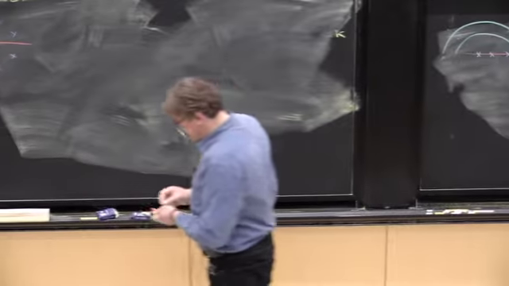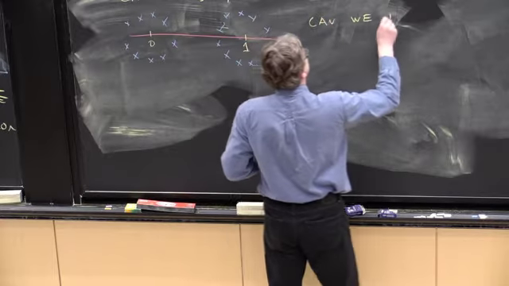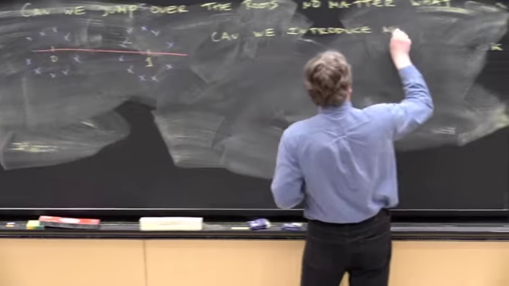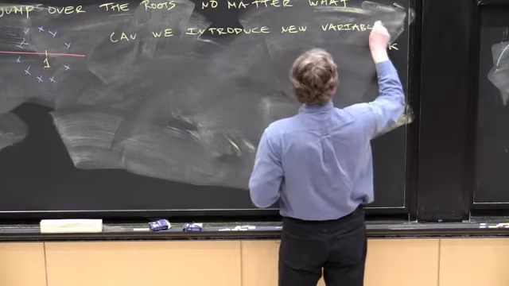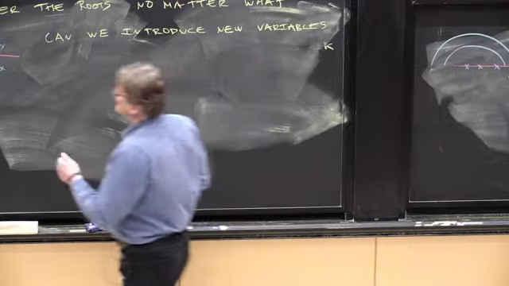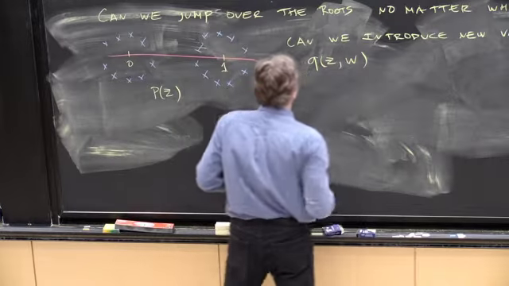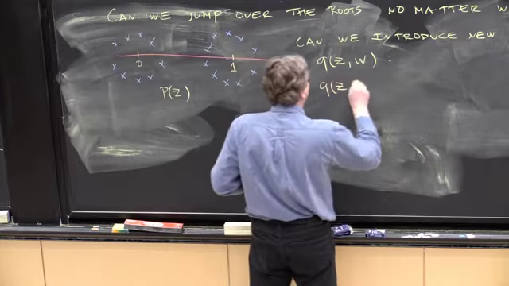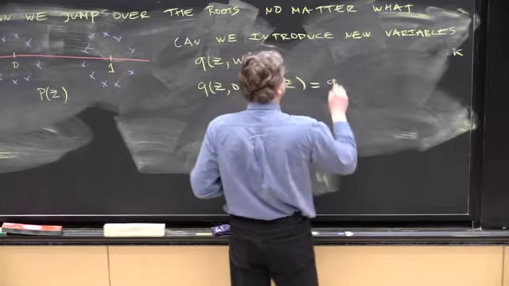So can we introduce new variables, say instead of a polynomial p of z, can we consider a polynomial of two variables, say z and w, such that at 0 we get p of z, and also at 1.